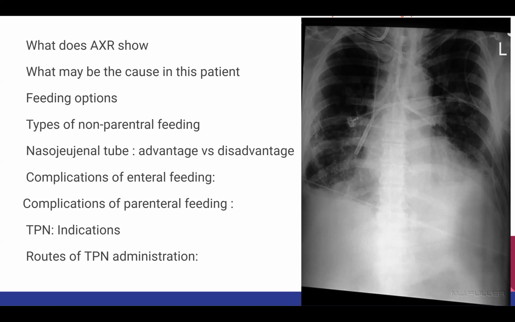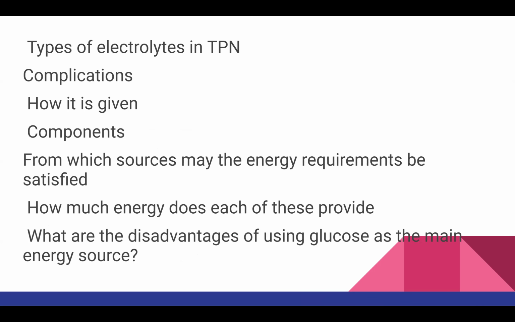Whereas the feed related, which could be classified as metabolic, will be derangement of the fluid electrolyte balance, hyperglycemia, hypokalemia, and metabolic acidosis with hypercholemia. So these are the different complications. Now, regarding the routes, the CVP line and the peripherally inserted line are the best options.